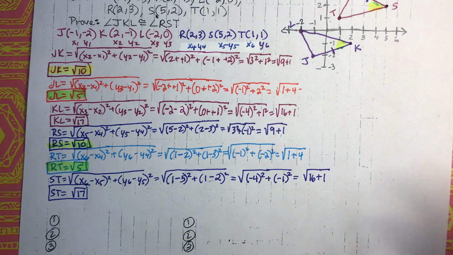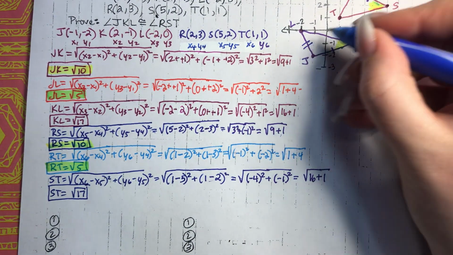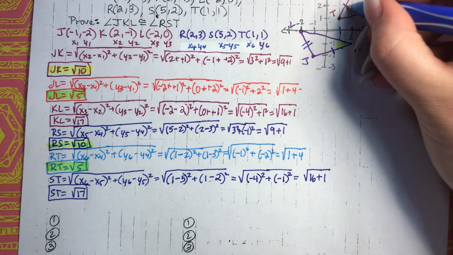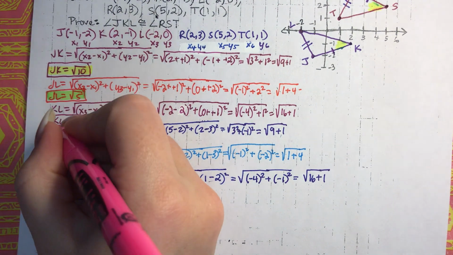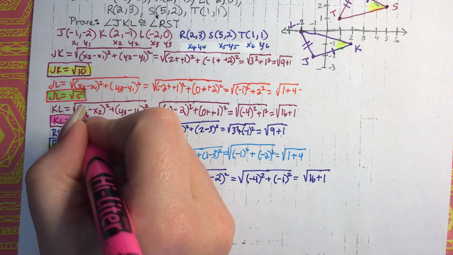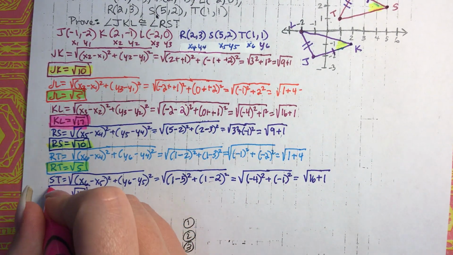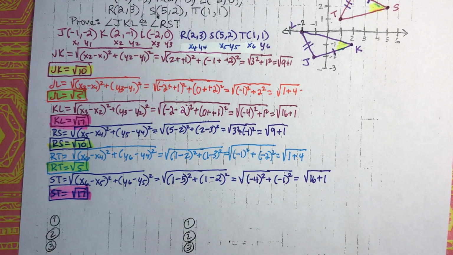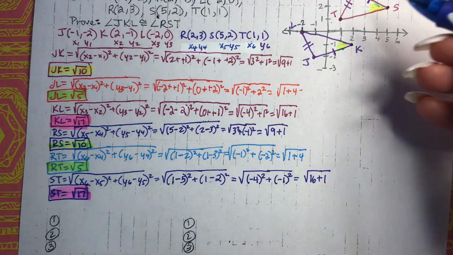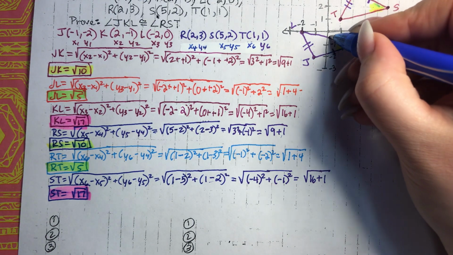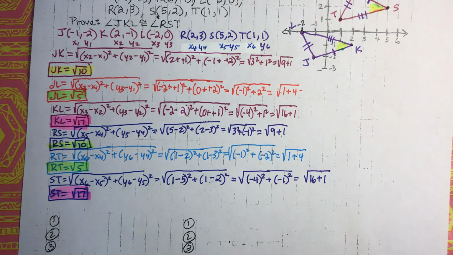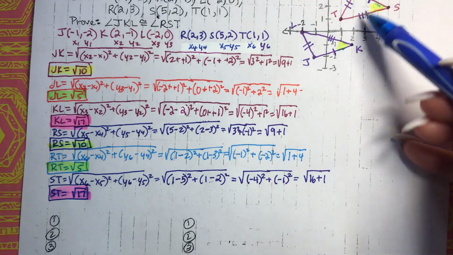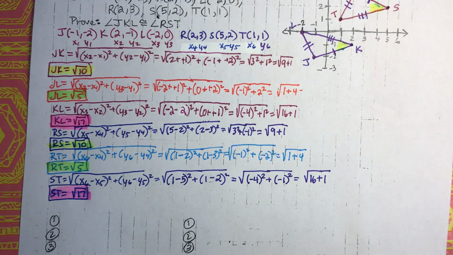So JL here is congruent to RT here. Okay, and then what is the other one we have? KL is equal to the square root of 17, and ST is also equal to the square root of 17. So that means that KL right here, 1, 2, 3, is congruent to ST, 1, 2, 3, boom. So we know that these two triangles are congruent because of side, side, side.